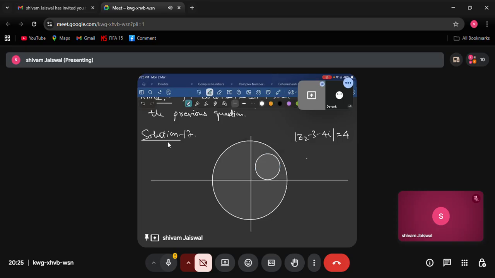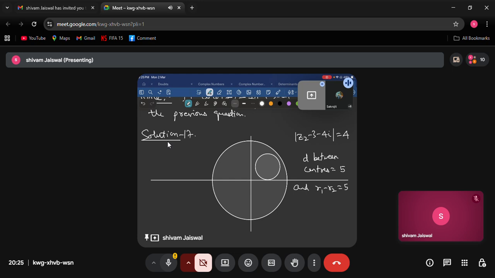Next, what is the distance between their centers? 5 units, right? The distance between their centers is equal to 5 units, and R1 minus R2 is also equal to 5 units.